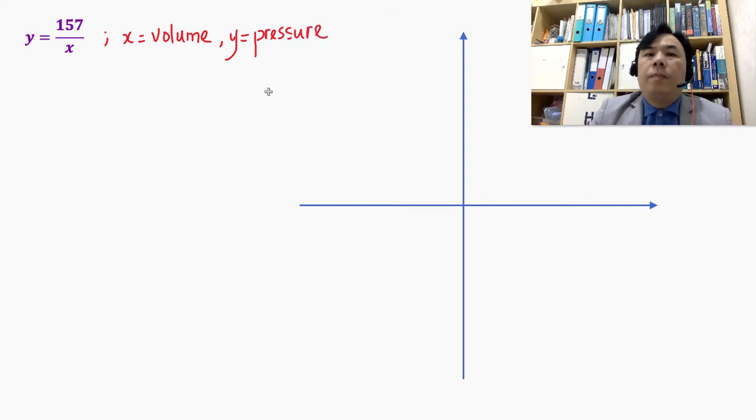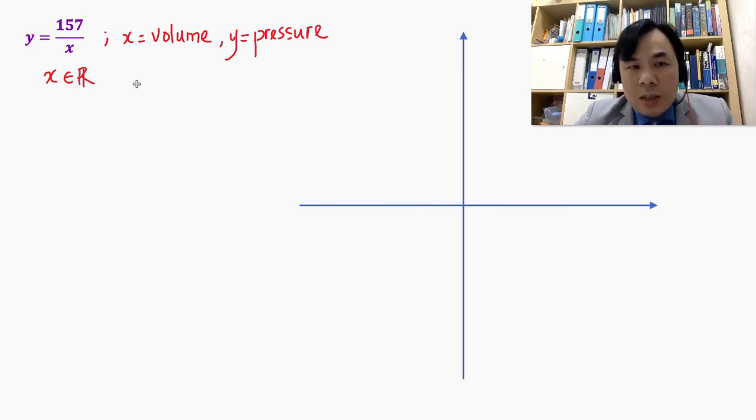Now you might want to ask yourself, is there any domain that we are supposed to specify here? To show you how to sketch the graph in general, I'm going to use this domain. I would say that x are all real numbers such that x cannot be equal to 0.